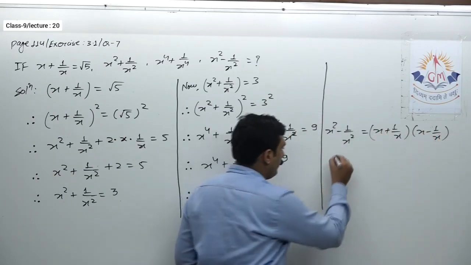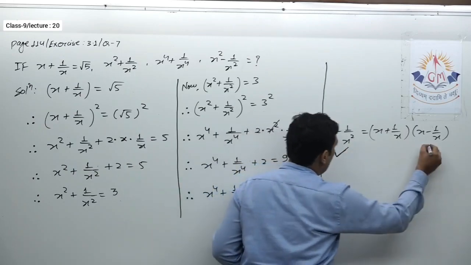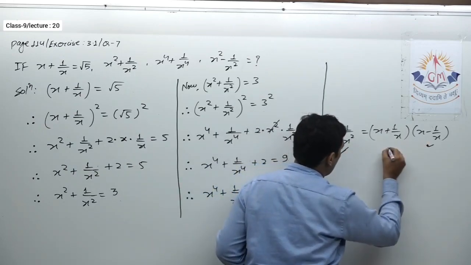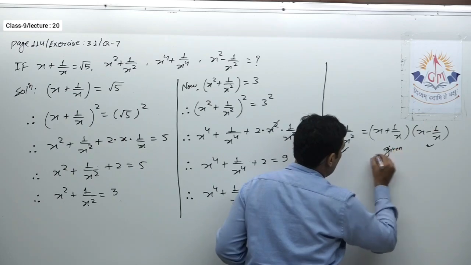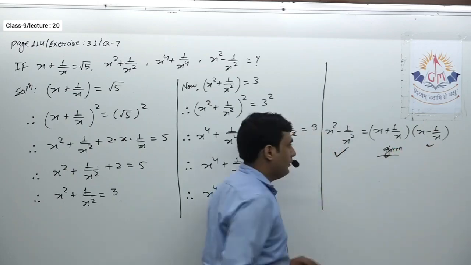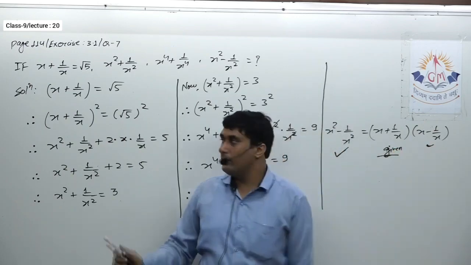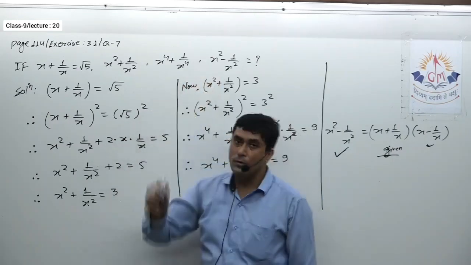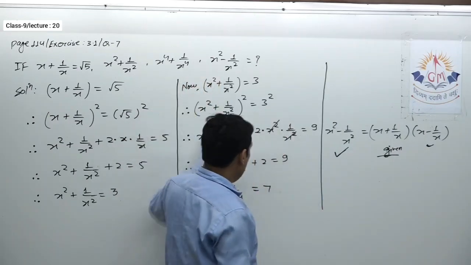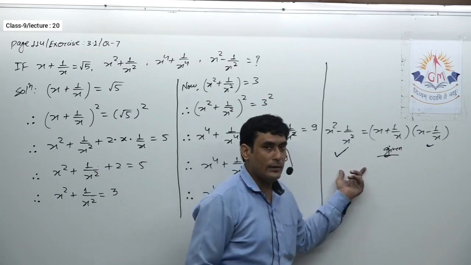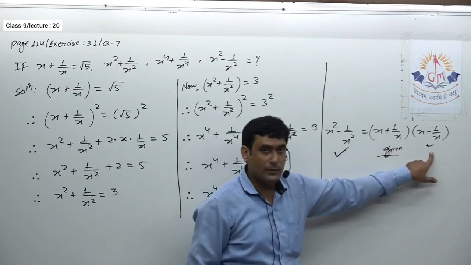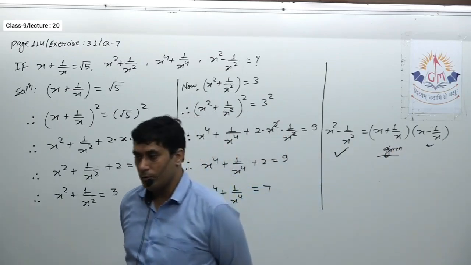That means to obtain the value of this we must need this because this is already given, and this we have to find. So first we have to find this and then it is very easy to obtain this value. So first of all note down these two as well as think over how you will get this, and then I will give you the solution.